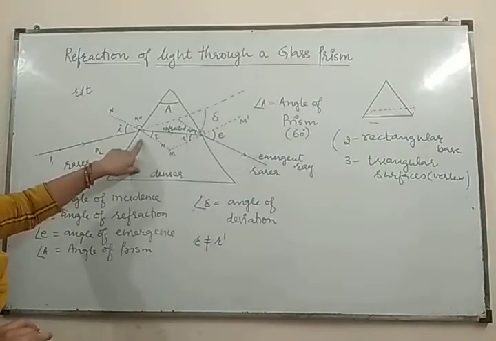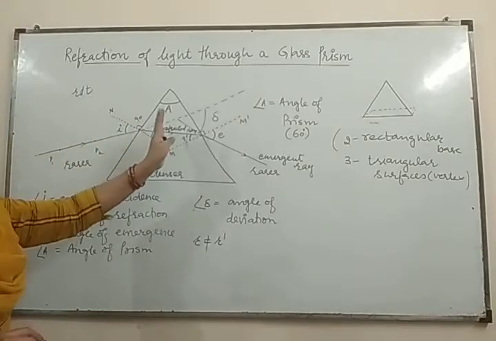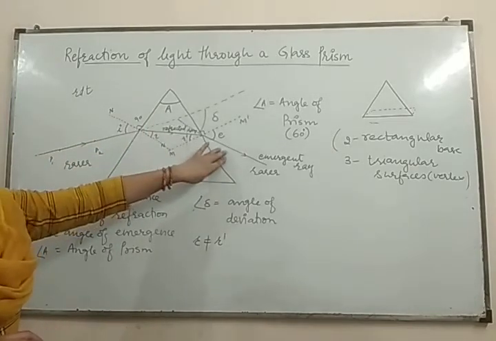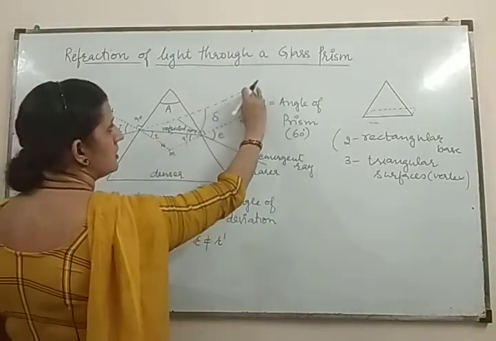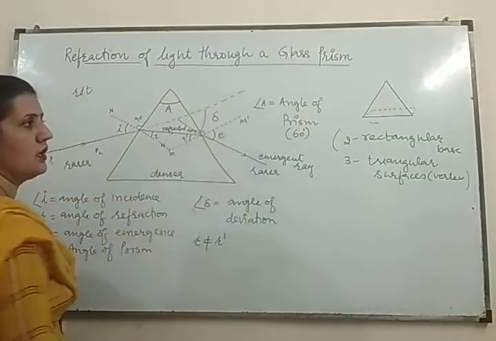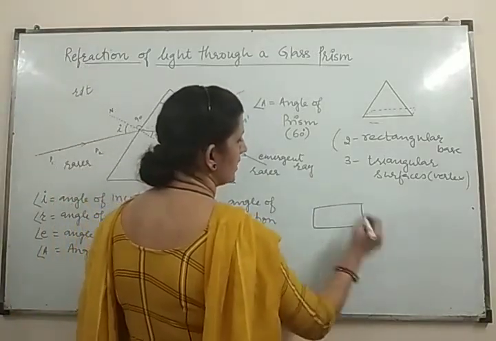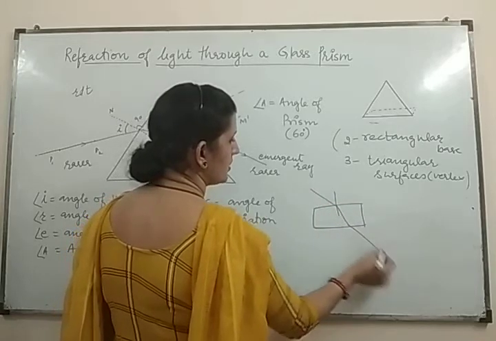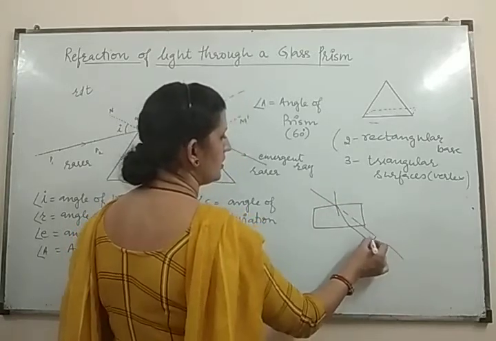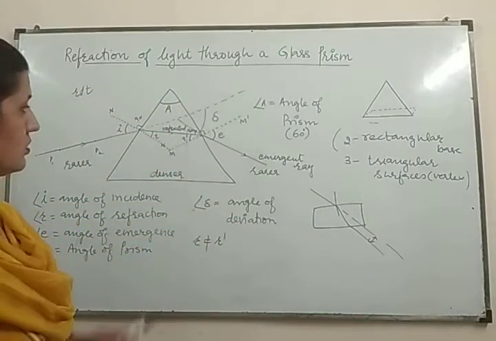And in this process of rays traveling through a prism and bending like this, you can see that the incident ray and the emergent ray are not parallel to each other as in the case of glass slab. In the glass slab you have this kind of structure, and there the incident ray and the emergent ray were parallel to each other. Why is this so?